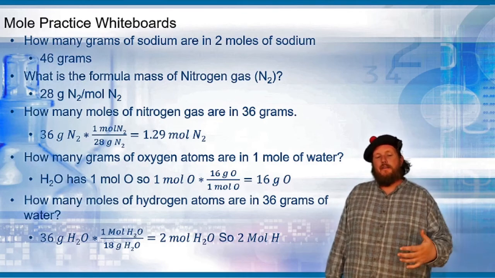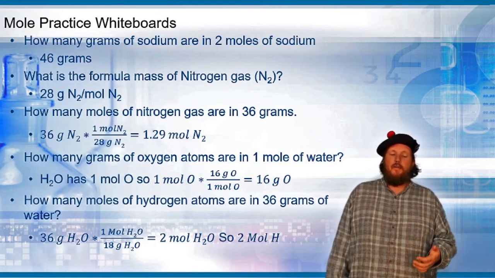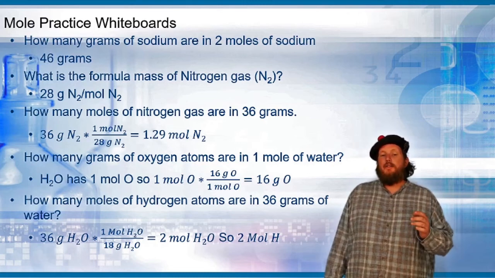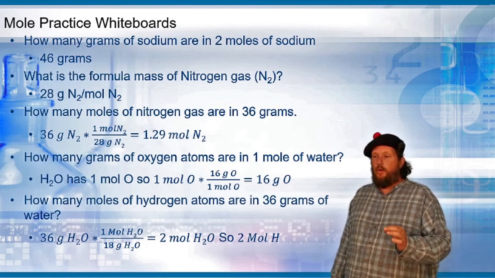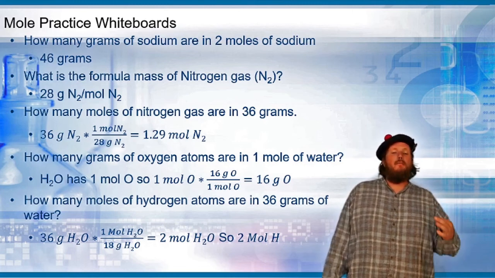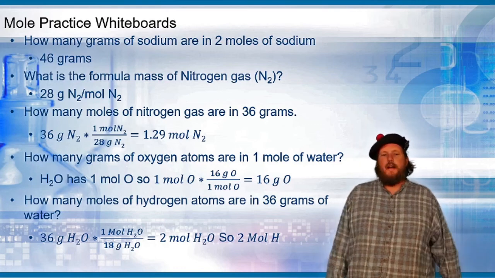So divide by the formula mass, 36 grams water times 1 mole water over 18 grams water equals 2 moles of water. But 2 moles of water has 4 moles of hydrogen. So there's 2 moles of hydrogen per mole of water. So that's actually a total of 4 moles of hydrogen atoms.